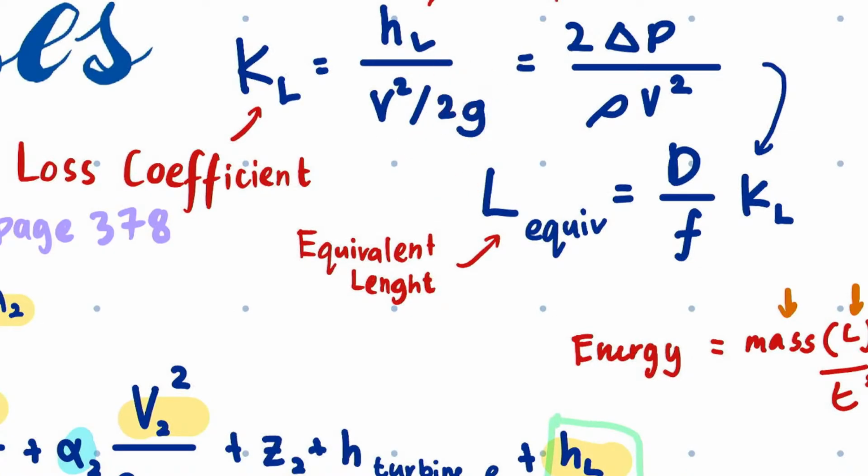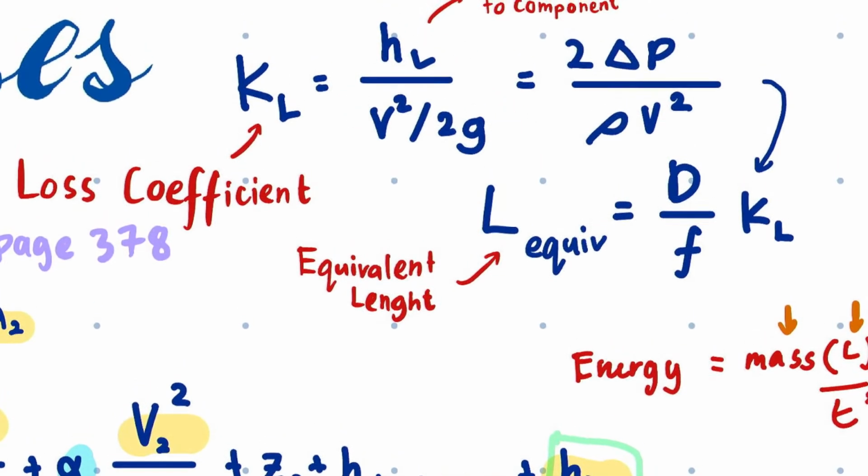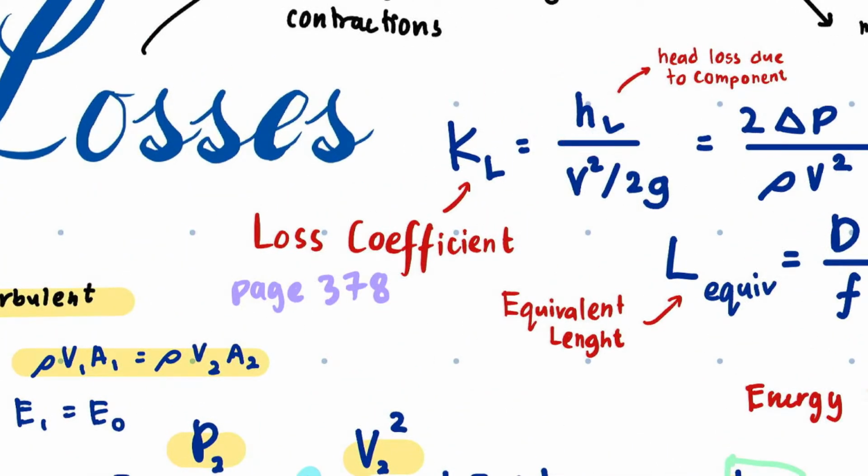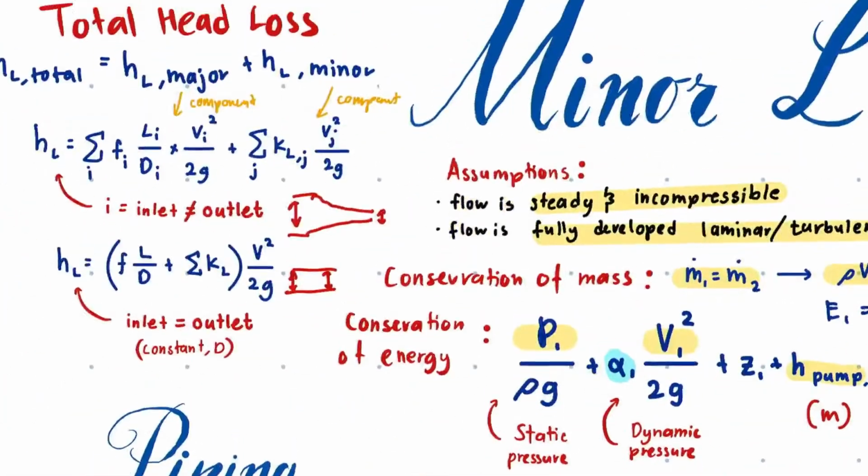So this is the equation: KL equals HL over V squared over 2g. But we don't use this, because usually we want to find the head loss. We're not finding the loss coefficient here.